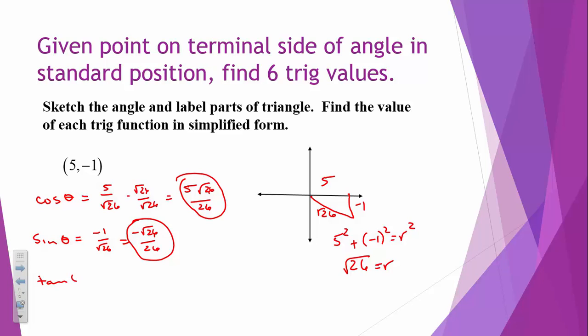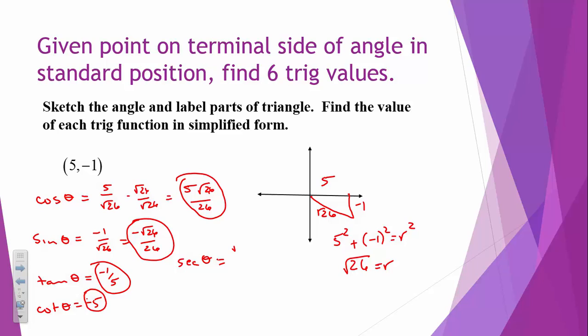Tangent is going to be y over x, negative 1/5. Cotangent is the reciprocal of that, negative 5. The secant. Secant is a reciprocal of the cosine, and instead of taking this and flipping it, I would take this one and flip it.